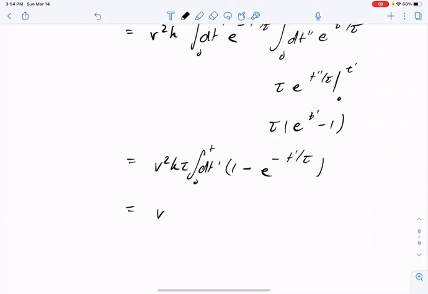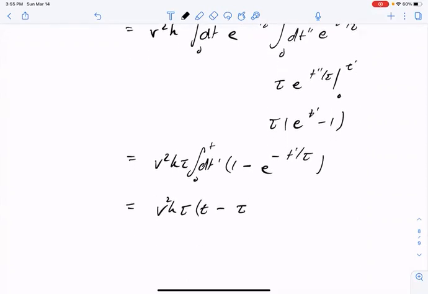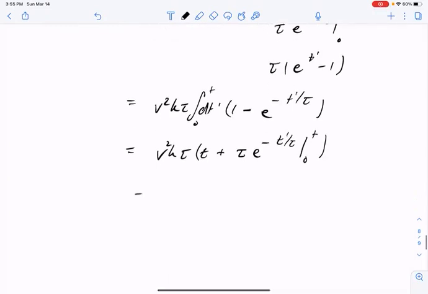That gives me v k tau t less tau plus, like so.